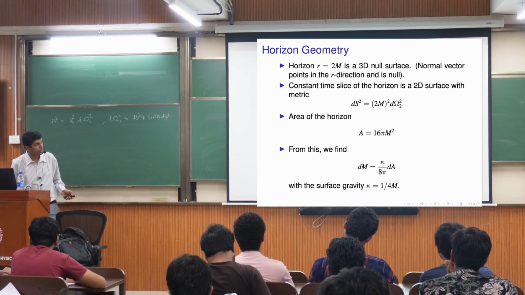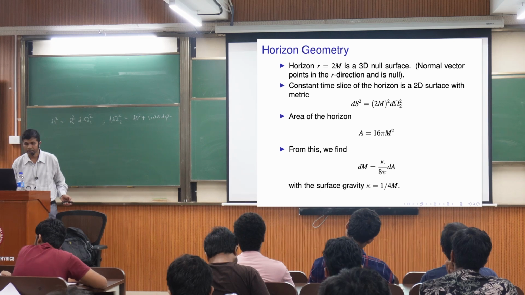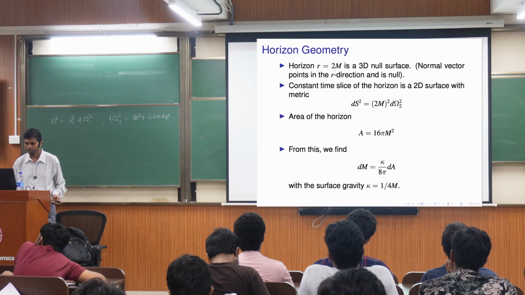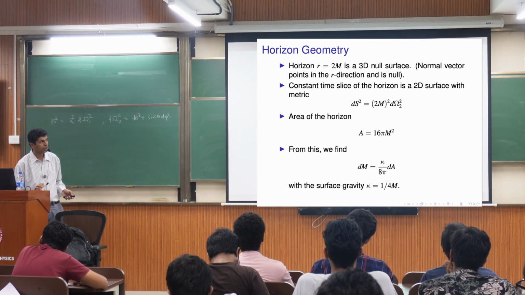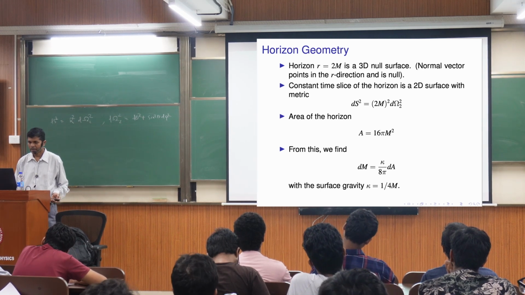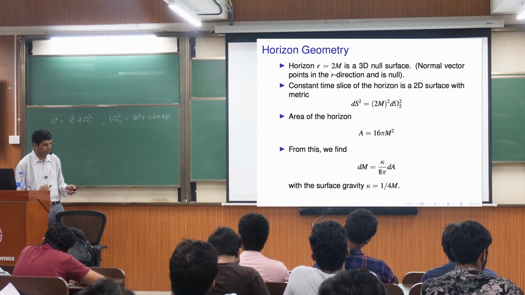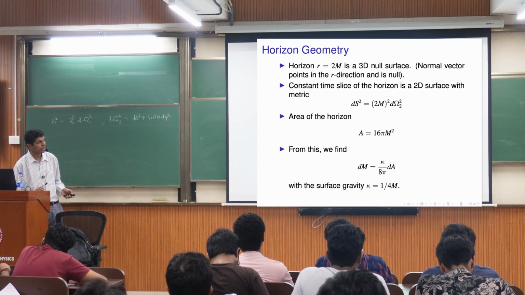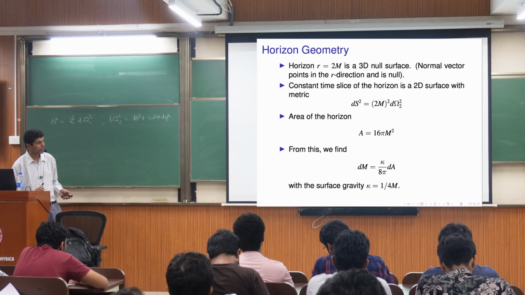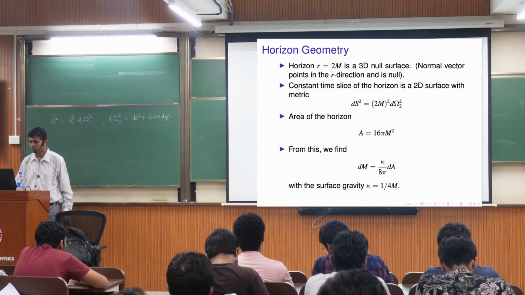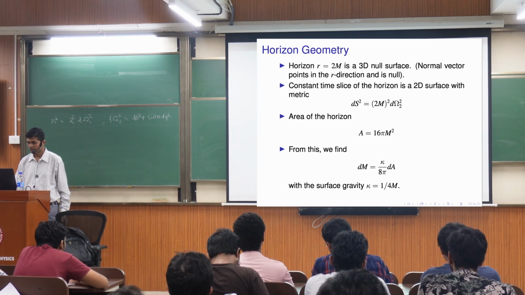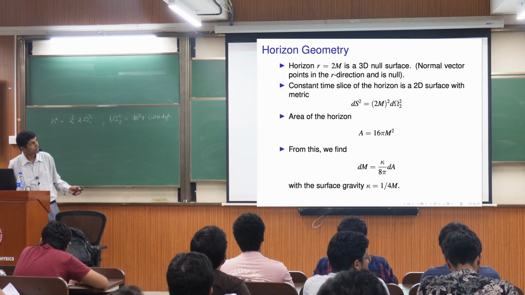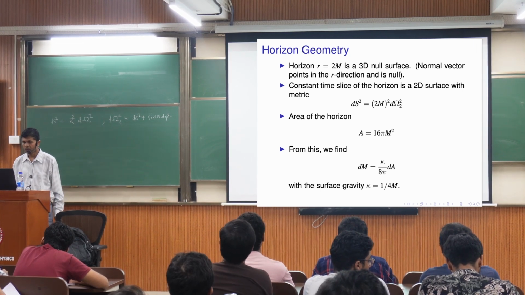You can compute the area of that quantity, okay? This simply becomes 16 pi m squared, and this formula we will use a little later. And by directly differentiating this, you can see that dm is just equal to this, where I have identified kappa to be 1 over 4m, okay? So this is all about the horizon geometry that I wanted to discuss.